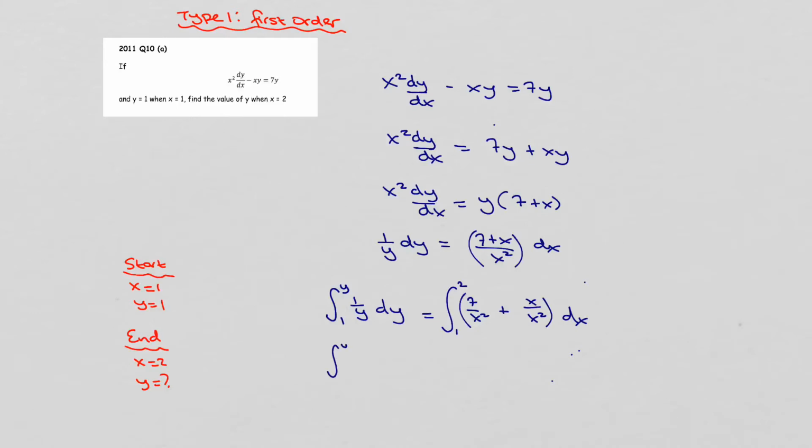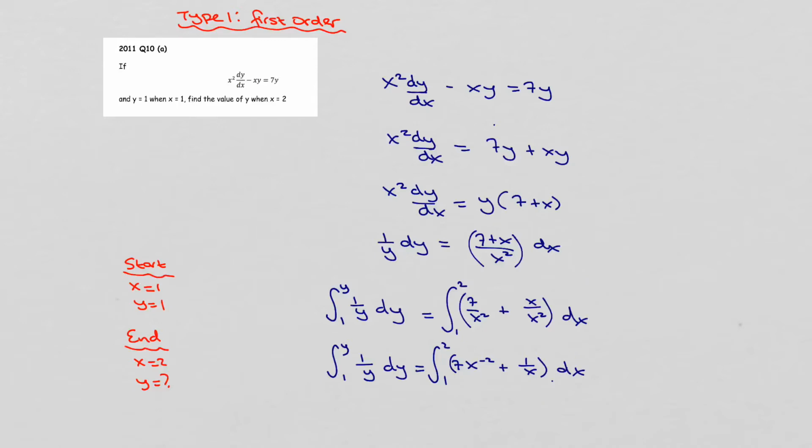So let's tidy that up before we go ahead and integrate. Well, 7 over x squared is going to have to be written as 7x to the power of minus 2. And x over x squared is 1 over x. And I'll be integrating with respect to dx then.